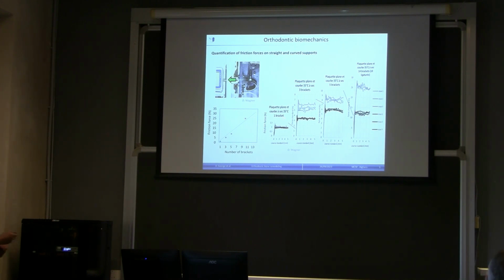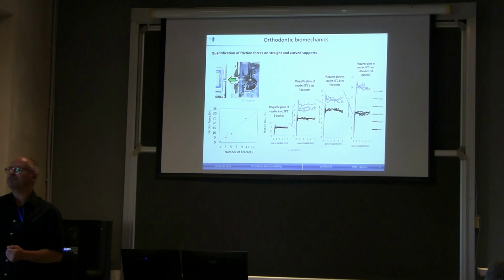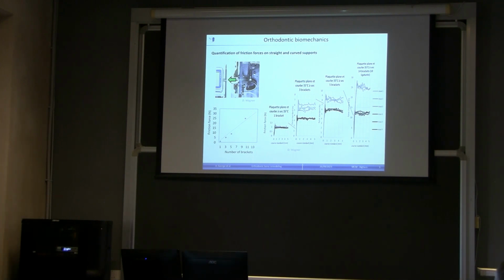With one bracket, you have roughly a small friction force. When you have three brackets on the support, you have 3.5 newtons and 6 newtons for the flat and curved support. And as you increase the number of brackets, obviously the friction force increases, as you would expect.